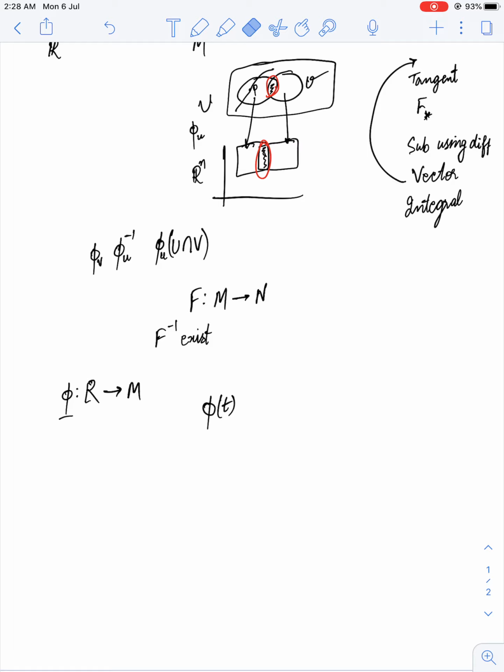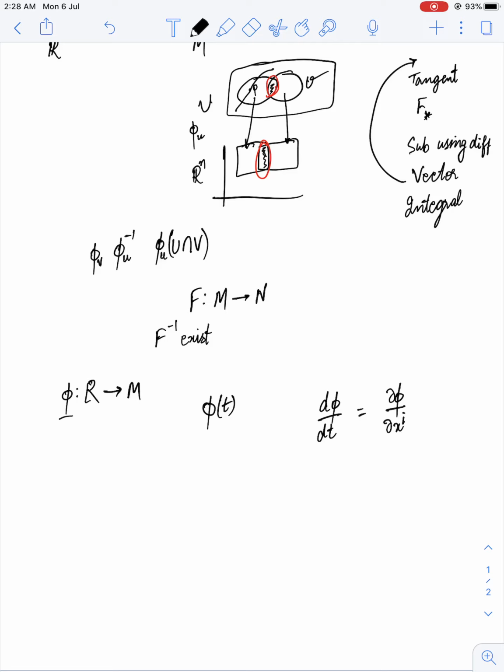The tangent will be d phi by dt, or d lambda if I have used lambda as a parameter. Then I use the chain rule, d phi by dxi.